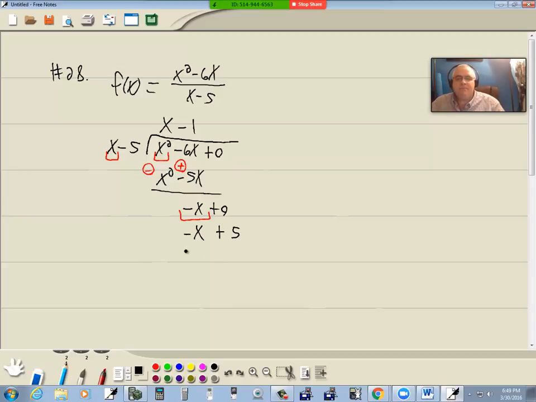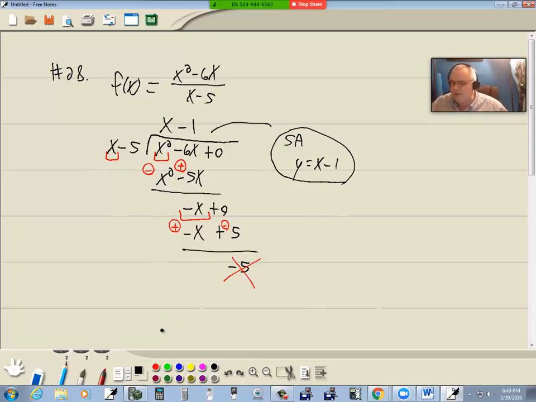Okay. Then I'm going to subtract that line, which means flip signs. So this becomes positive, this becomes negative. Negative x plus x drops away. 0 minus 5 is negative 5. Now our instructions say to drop the remainder. So we drop that, and our slant asymptote is y is equal to x minus 1.